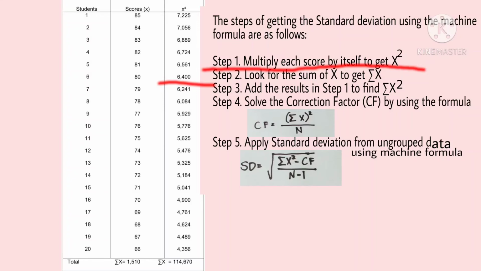79 times 79 is equal to 6,241, and 78 times 78 is equal to 6,084.